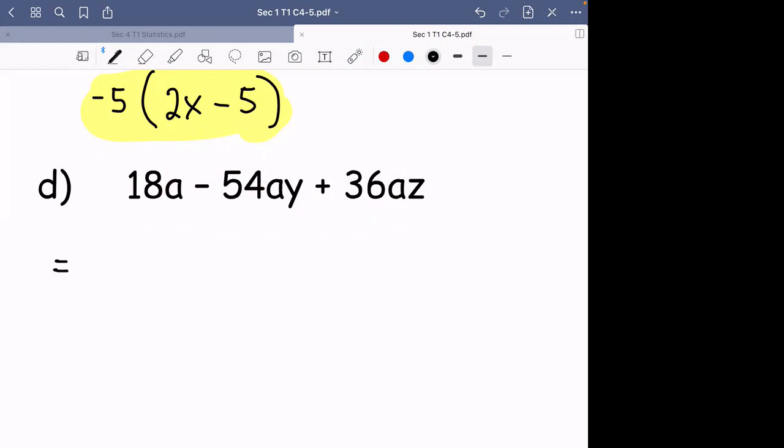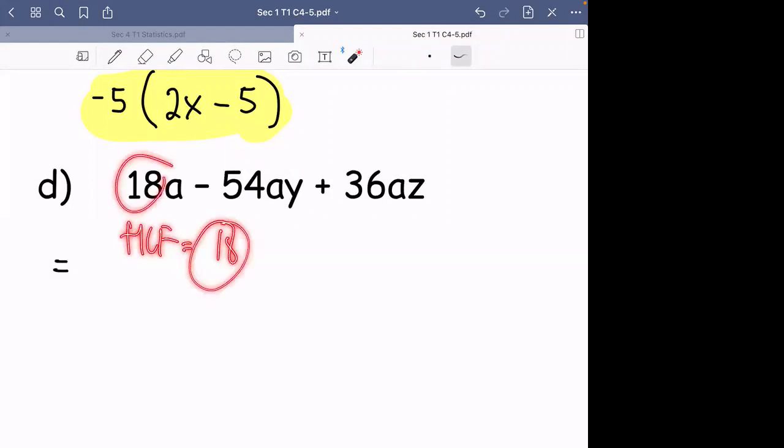Is it 9? Or is it 18? The answer is 18. The HCF is equal to 18, because all of these are divisible by 18.